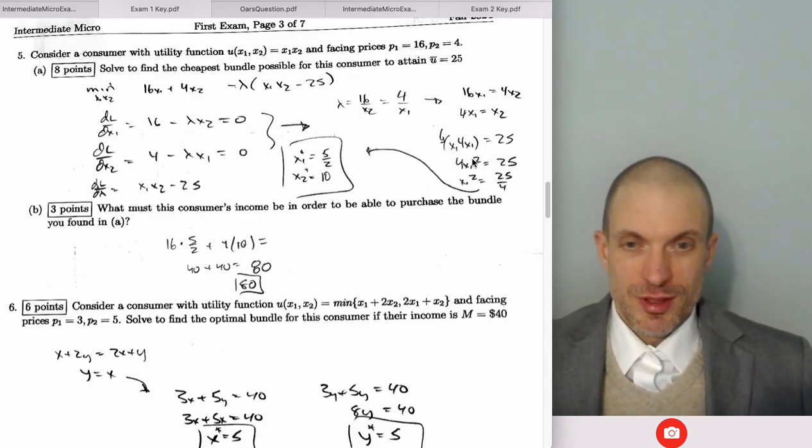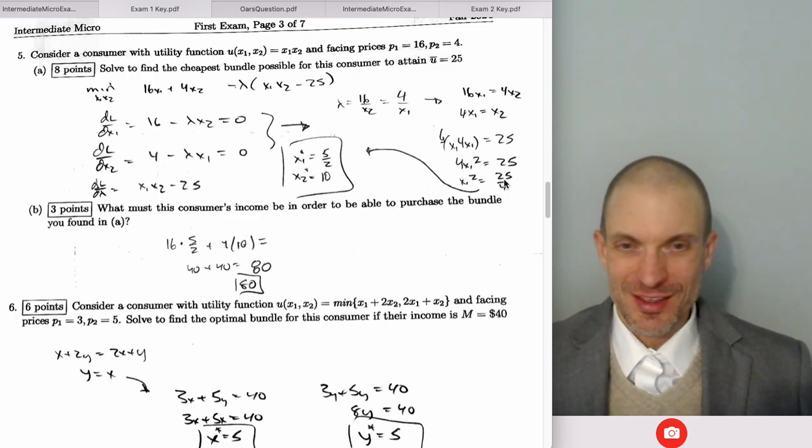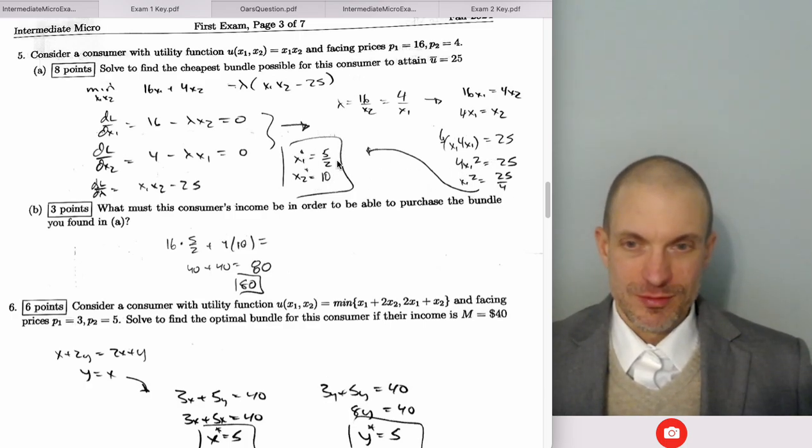Okay, so these are perfect squares. I can square both sides, and then I end up getting 5 halves, or 25 over 4, right? And then if x, or good 1, is 2.5, then good 2 has to be 10, right? Because 4 times 2.5 is 10.